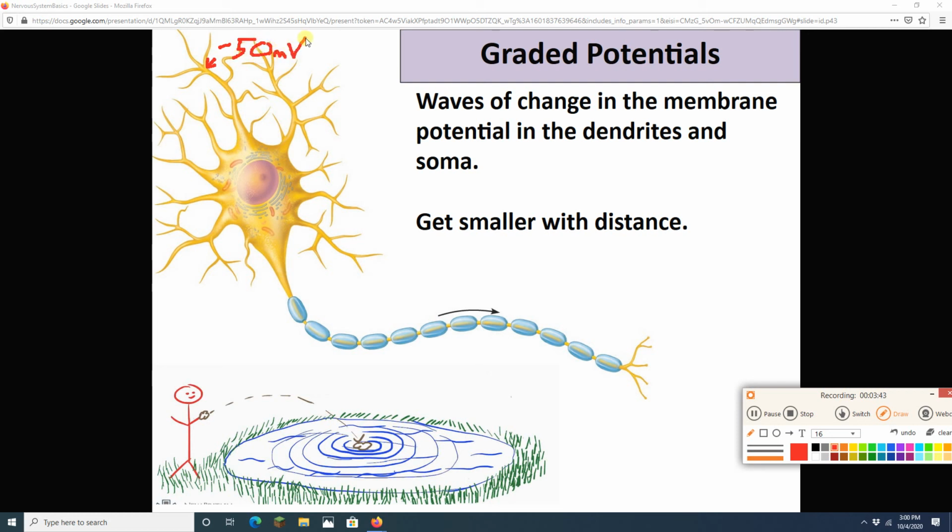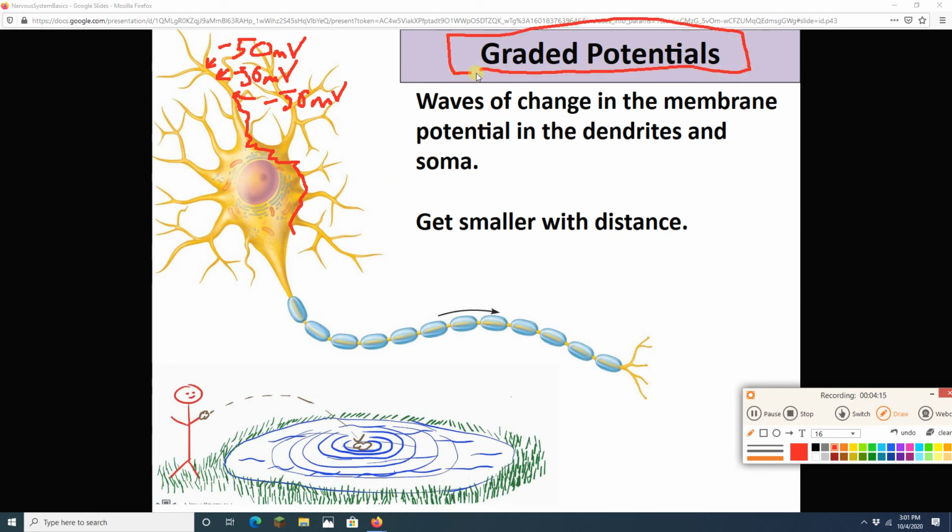It got more positive, in other words. And that then made this spot change to negative 50, which then made the next spot change to negative 50, and so on and so forth, all the way down our dendrites and soma. Now that movement of the change in membrane potential is called a graded potential.